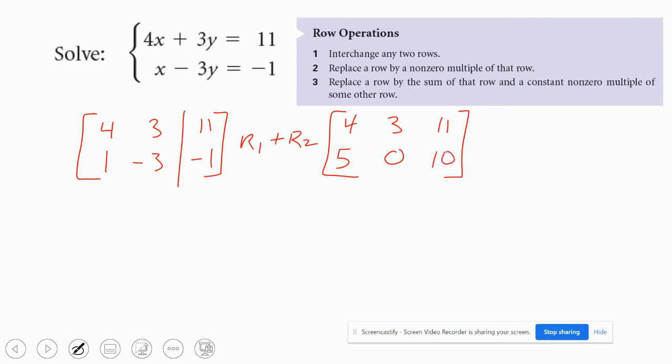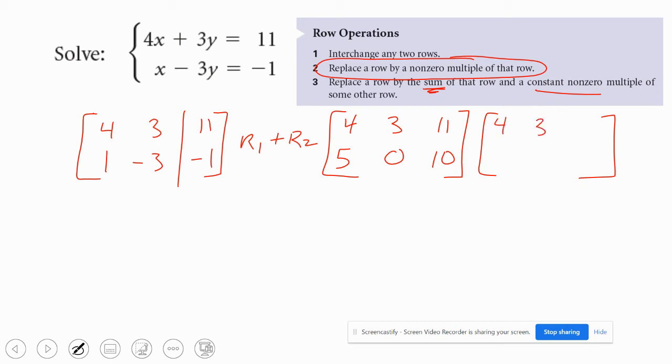Okay, so we added 2 rows. That's a sum. The constant non-zero multiplier was just 1. It wasn't anything else. So another thing that you can do is replace a row by a non-zero multiple of that row, which means I can multiply or divide everything in that row. So I can divide everything in row 2 by 2.